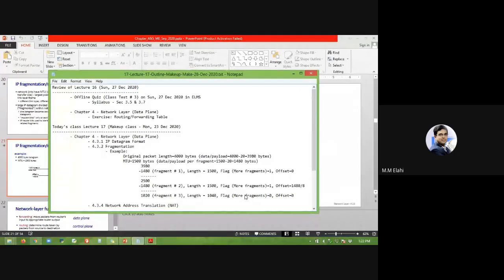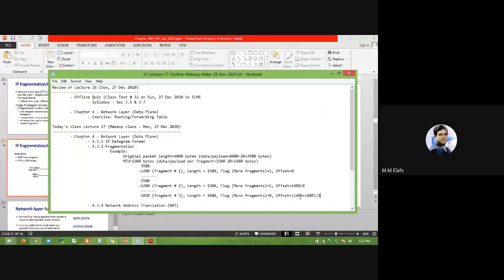you can think like this: 1480 plus 1480, divided by 2. Okay, that means the number of bytes sent in the fragments before.